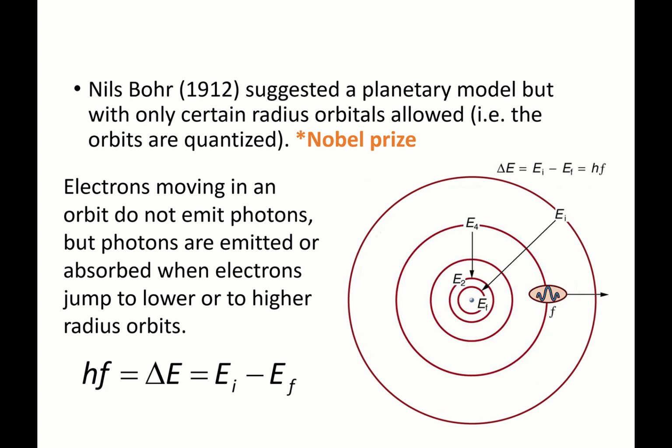The frequency of the light is given by hf equals the energy difference between the two orbits. So E initial minus E final is h, Planck's constant, times the frequency of light. It's the energy of the photon that's either emitted or absorbed.